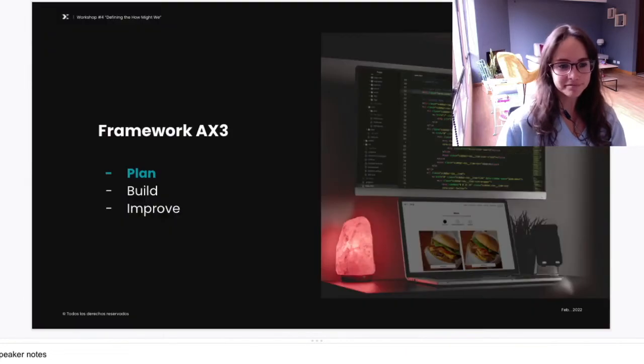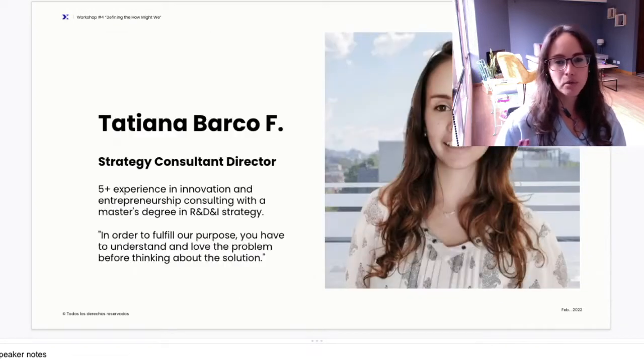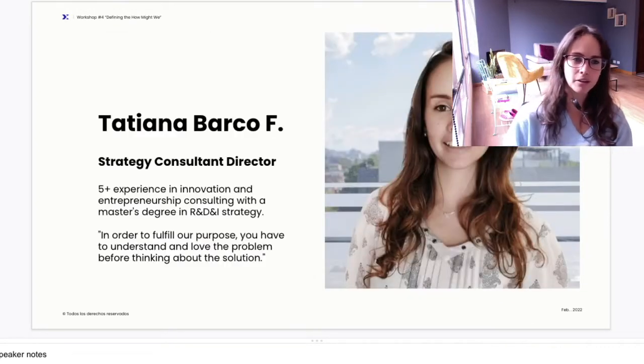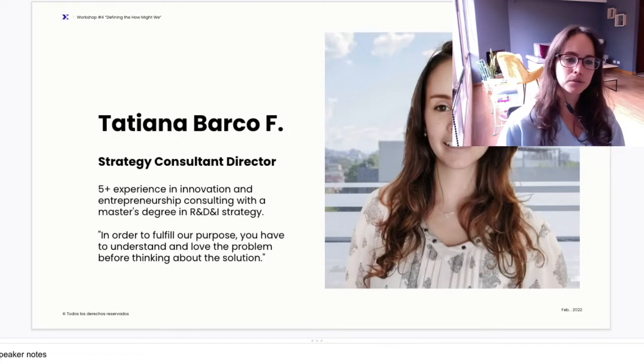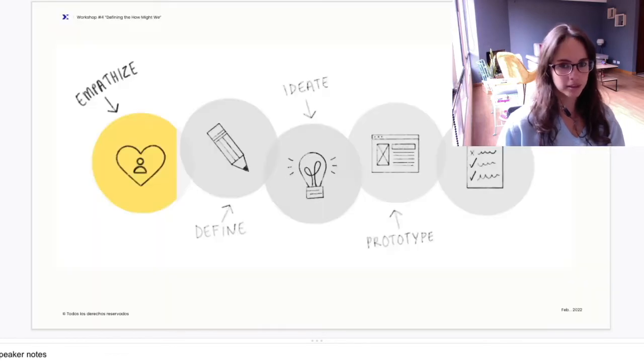We have our framework that has plan, build, and improve. These are some of our biggest product solutions for our clients. I already told you this in the other workshop, so I'm not going to go much further, but let's start in this chapter.